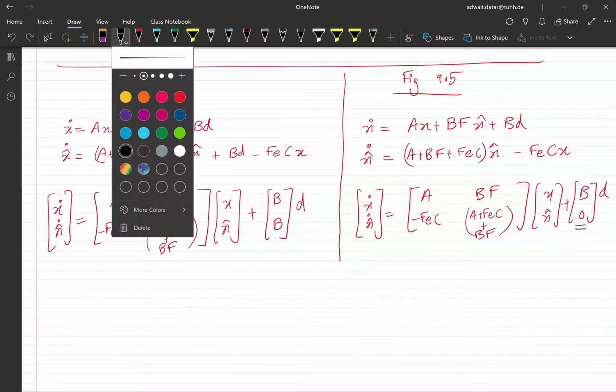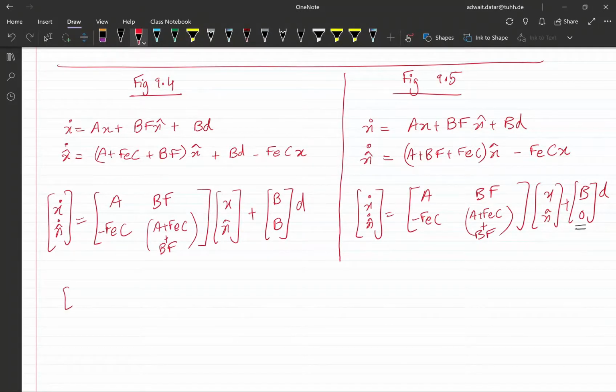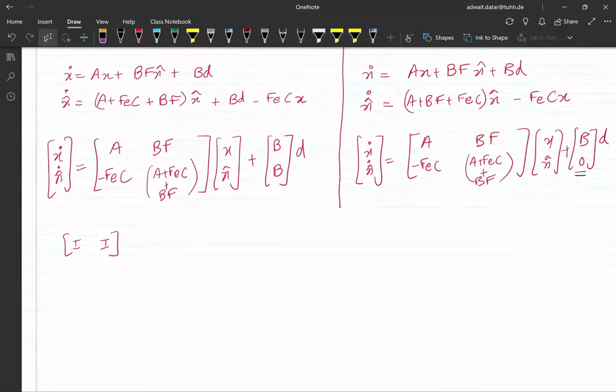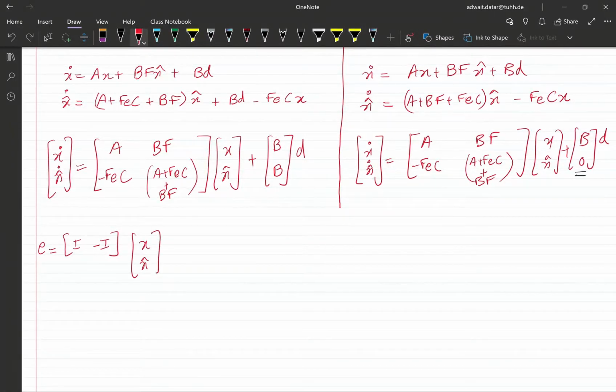Now if I pre-multiply both sides by identity blocks, or identity minus identity blocks, I will get the error dynamics.